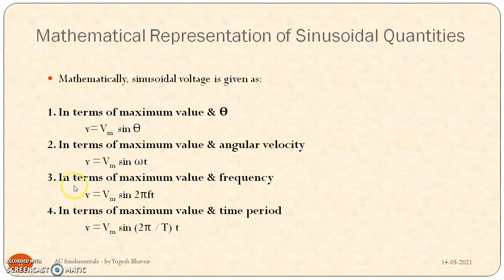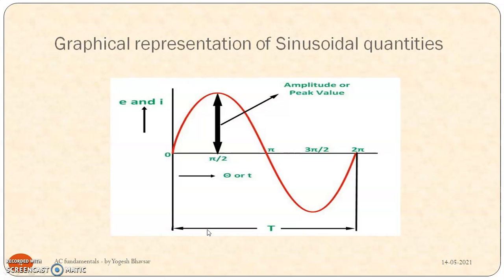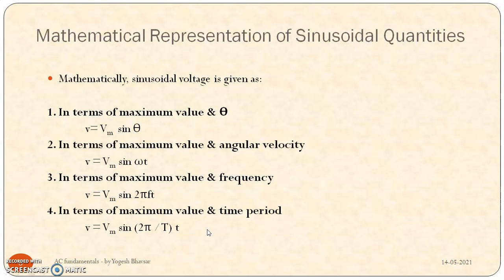In terms of maximum value and frequency, Vm sine 2 pi f t, where f is the frequency and t is the time. In terms of maximum value and time period, when we put f equals 1 by T, that is, frequency is the reciprocal of time period, we get 2 pi by T. In these various ways we can write the mathematical form of this sinusoidal waveform.